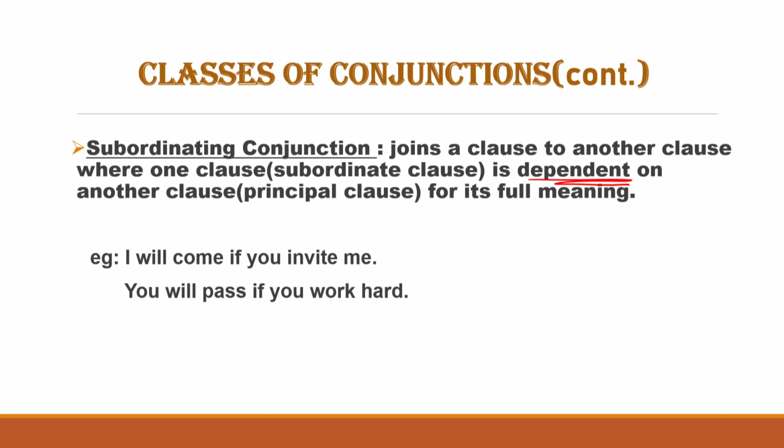In this sentence, if you invite me depends on I will come for its full meaning. Independently, if you invite me has no sense. Now next, you will pass if you work hard. Similarly, in this sentence also, if you work hard depends on the sentence you will pass.